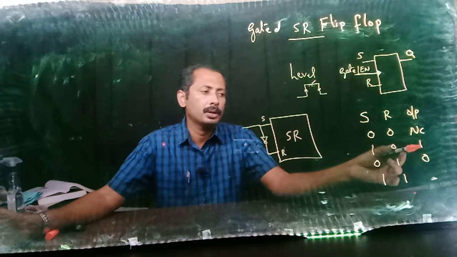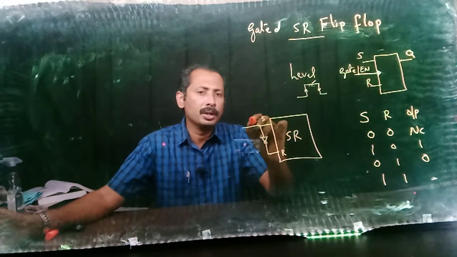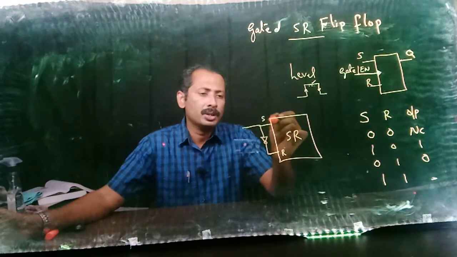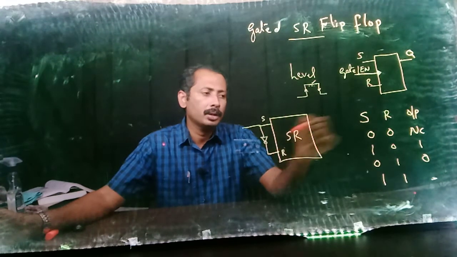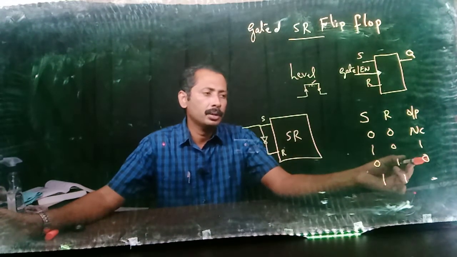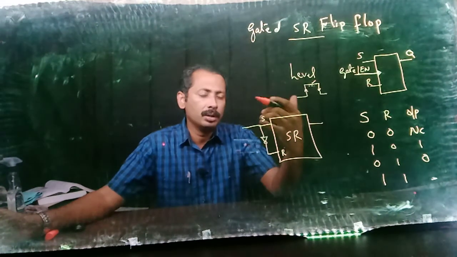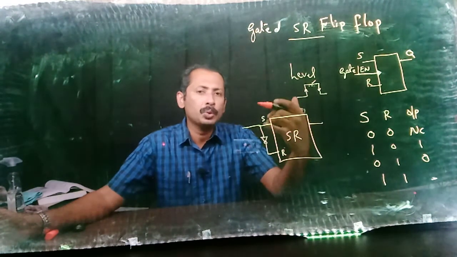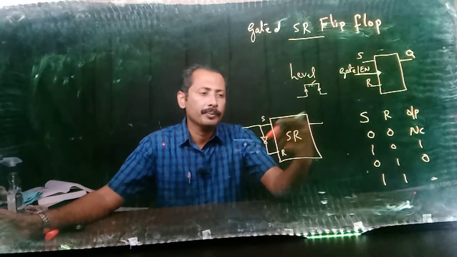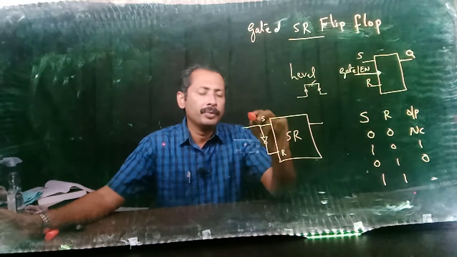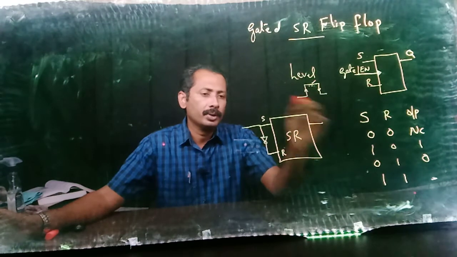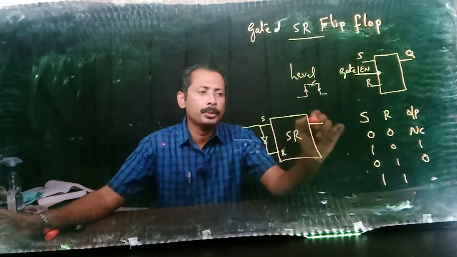So this will work. If I apply 0 here, then it will be 0, it will be 1, and 0, 1 means the output will be 0. So the input is now reduced to one. If the input is 1, the output is 1. If the input is 0, the output is 0.